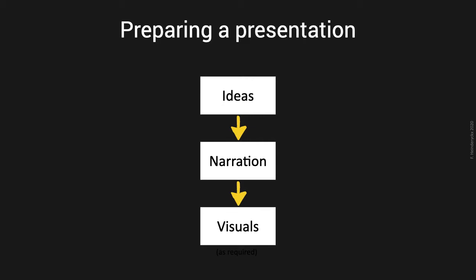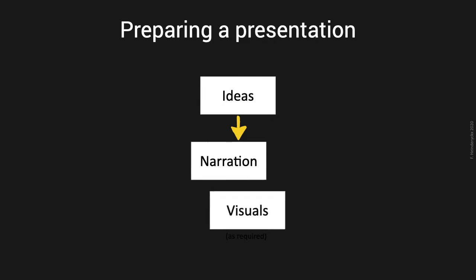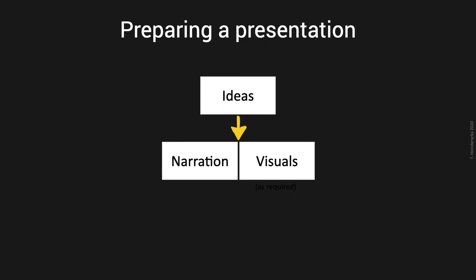If you decide that you need visuals, then comes the time to decide what you want those visuals to be and to try to see what kind of picture or text you want to show on the screen behind you or next to you while you speak. Sometimes you'll want to think about the narration and the visuals simultaneously.